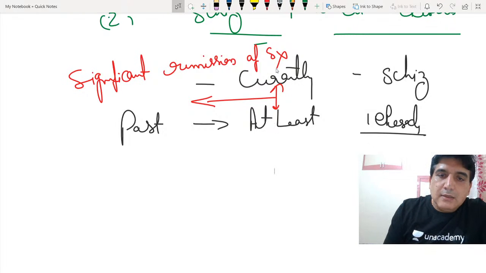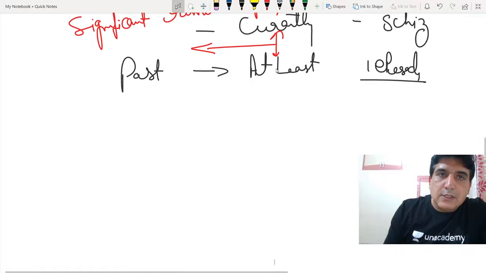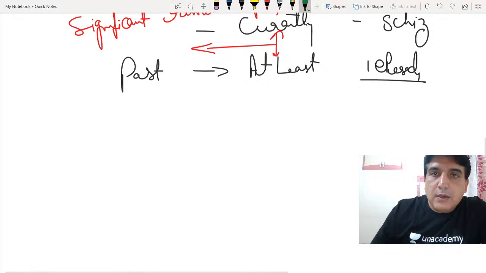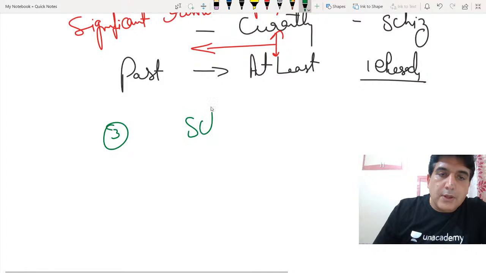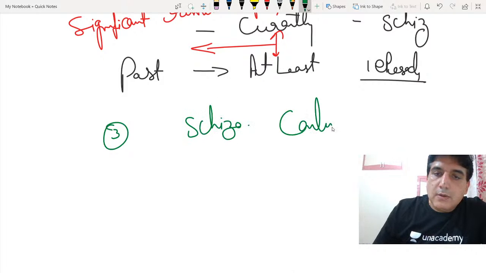The third course of illness as per ICD-11 is schizophrenia continuous.